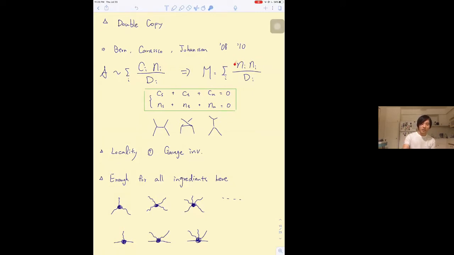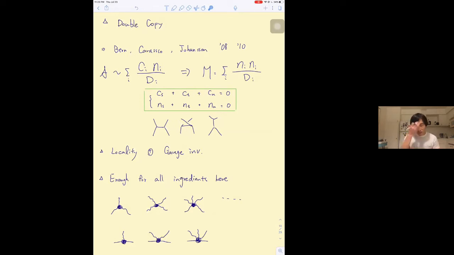Now you have two copies, so you go from spin 1 to spin 2. This is a gravitational amplitude because first it satisfies locality, since it comes from local diagrams, and also it's gauge invariant. Therefore, it describes a gravitational amplitude.